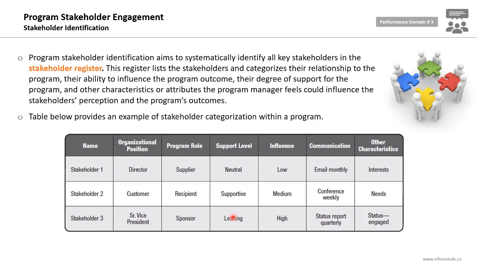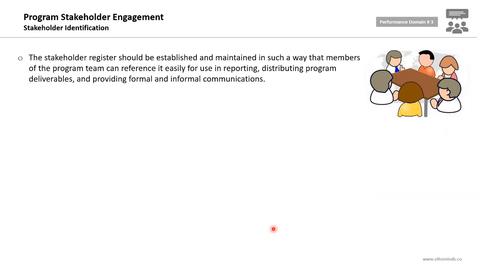So this is the stakeholder register, which is an important artifact that will be an output of the stakeholder identification activities. The stakeholder register should be established and maintained in such a way that members of the program team can reference it easily for use in reporting, distributing program deliverables, and providing formal and informal communication.